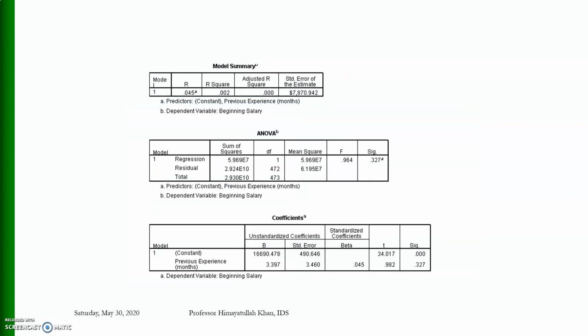This is the model summary, R squared, adjusted R squared, standard error of the estimate, ANOVA, F statistic, coefficients, standard error, standardized coefficients, T values and P values, or significance values.